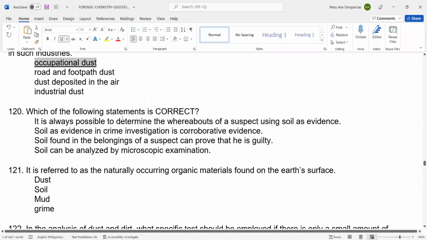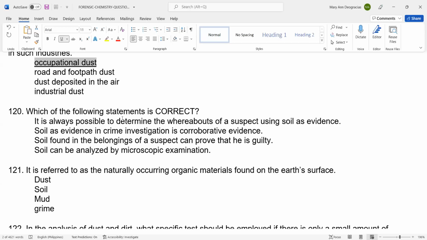Number 120. Which of the following statements is correct? A, it is always possible to determine the whereabouts of a suspect using soil as evidence. B, soil as evidence in crime investigation is considered as corroborative evidence.